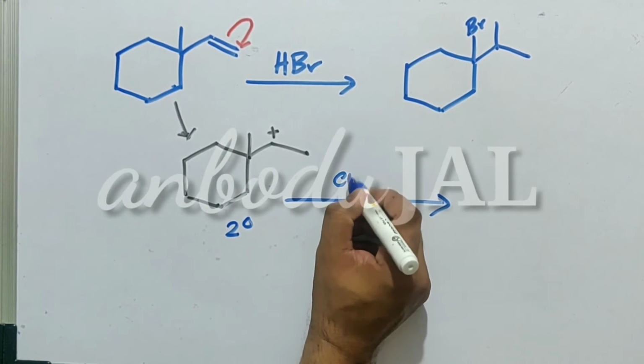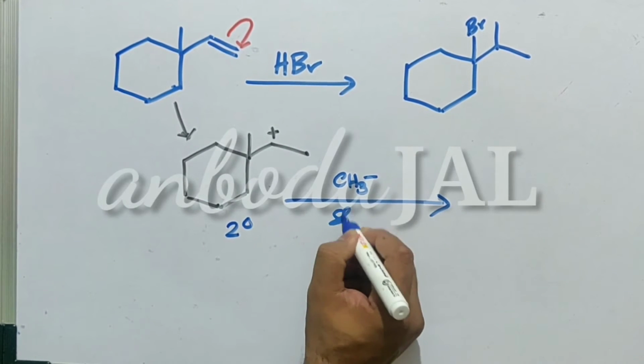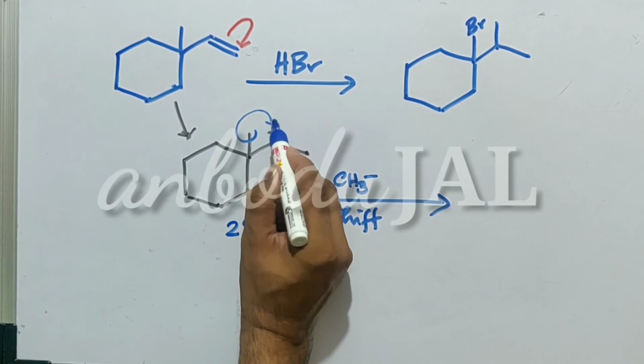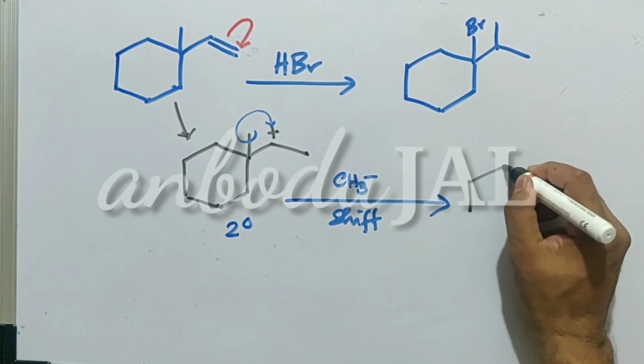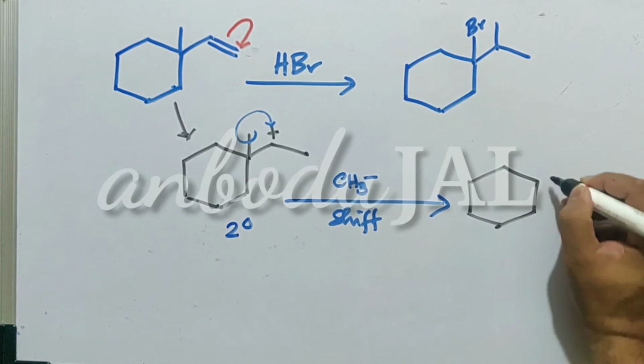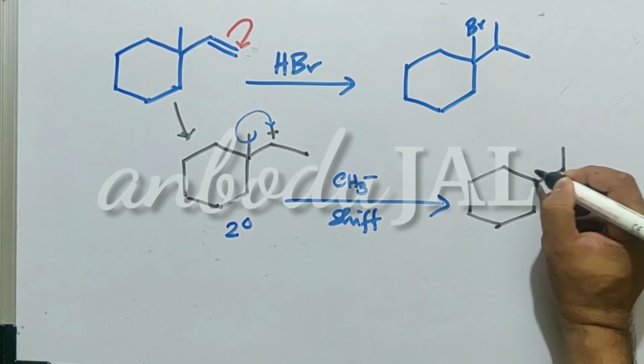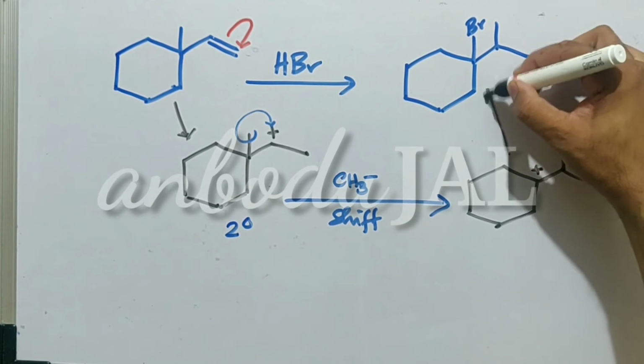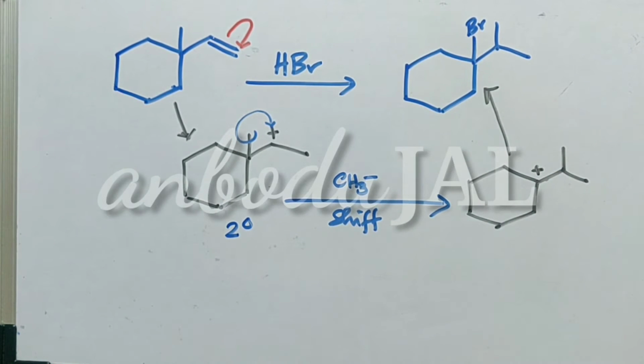So CH3 shift, a methyl shift, takes place. That is, this methyl group is shifted to this carbon. The intermediate is nothing but a tertiary carbocation. Okay, Br minus is attached on this tertiary carbocation to form this product.